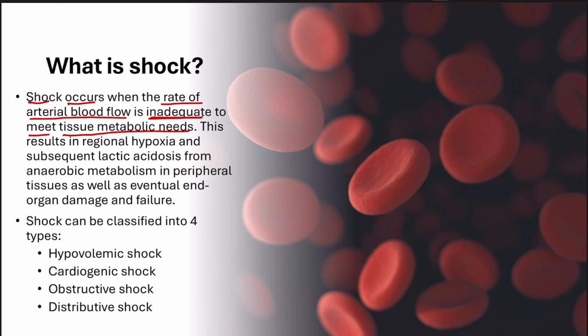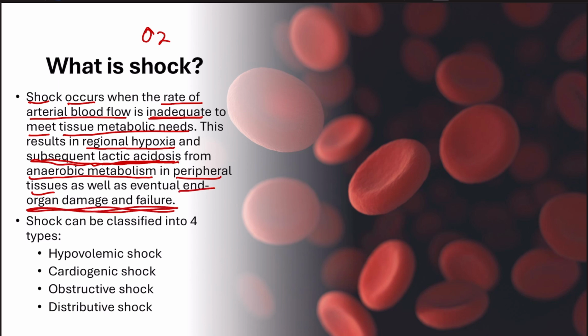As a result, there occurs regional hypoxia because oxygen is not reaching the tissue, and because oxygen is not reaching there, the tissues will start doing anaerobic metabolism, and because of this there is production of lactic acid. So it leads to subsequent lactic acidosis in the peripheral tissues, and it will eventually lead to end organ damage and failure. So this is what we call shock.